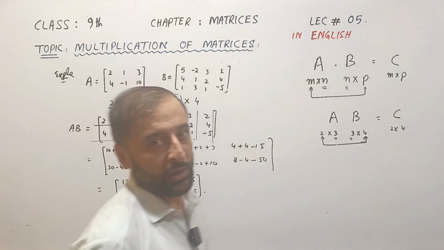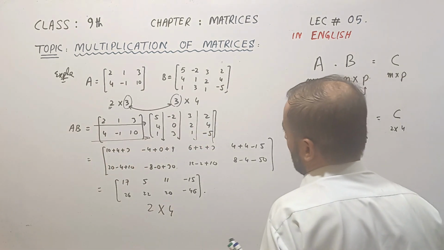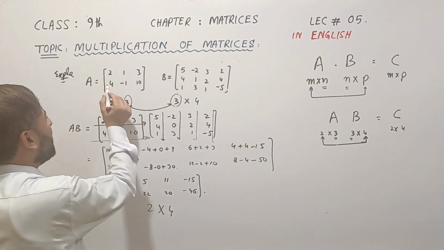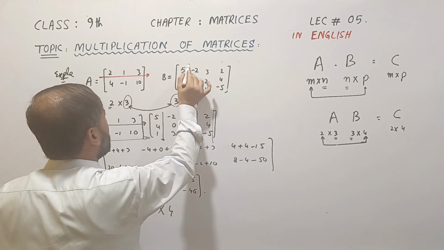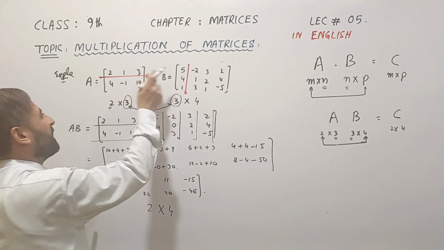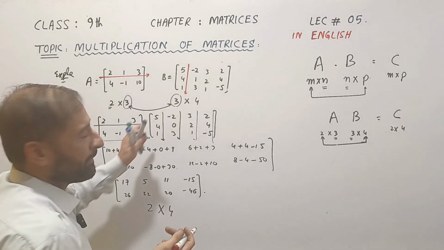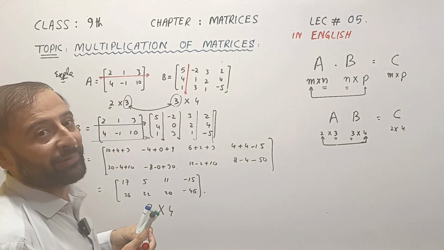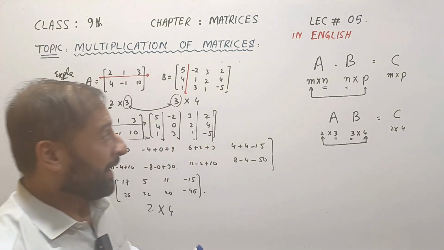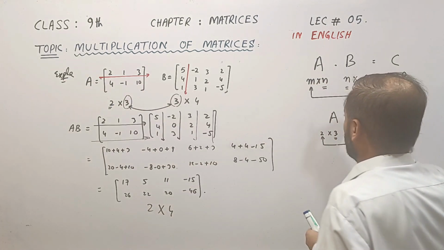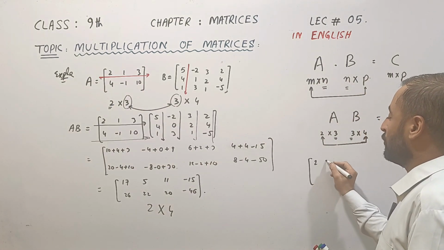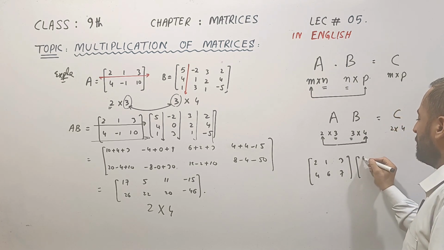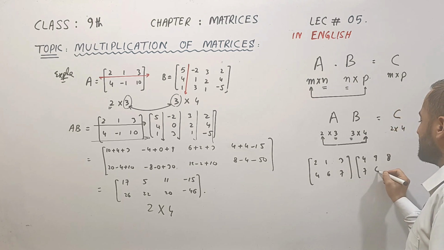Hopefully it is clear. Now you must be thinking, why? Why number of columns? Students, because we are multiplying row with column, which means first element with first, second element with second, and third element with third. So number of columns actually shows number of elements in a row. It's not possible to multiply these two matrices: 2, 1, 3, 4, 6, 7, and 4, 9, 8, 7, 6, 4.